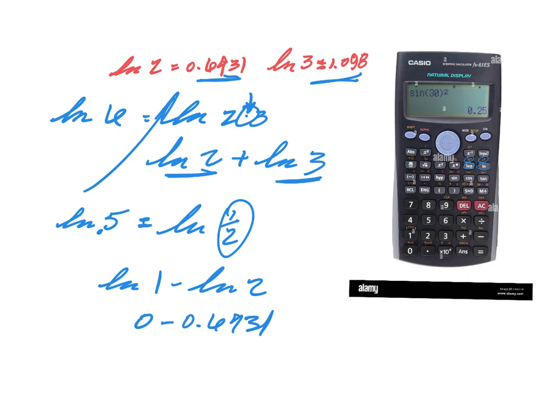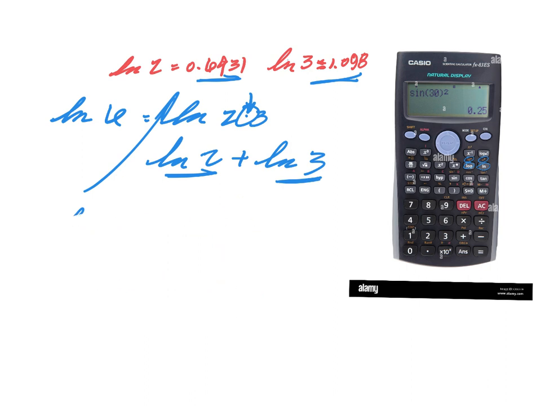All right, another one they give you, and then we'll be done, is letter C. They're giving us ln of 8. Well, we have to make that into a 2 or a 3 or both.